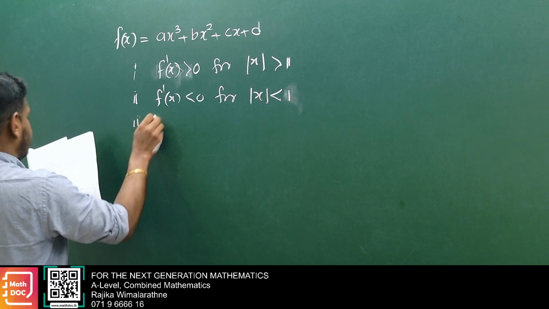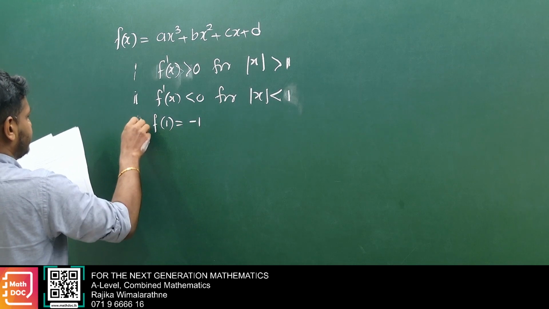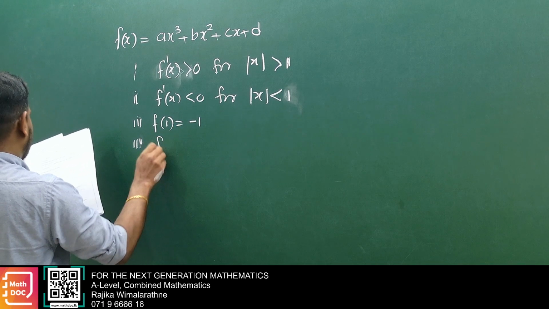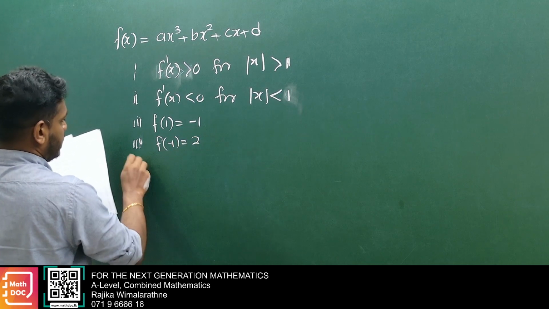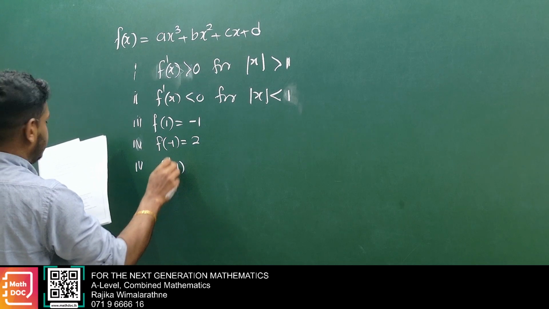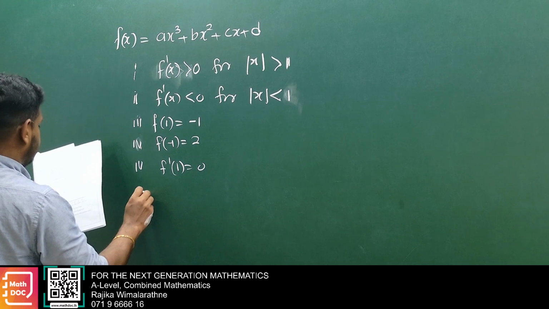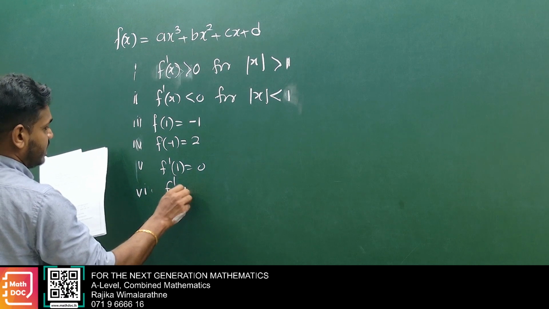Then third one, f(1) equals minus 1. Fourth one, f(minus 1) equals 2. And fifth one, f dash 1 equals 0. And sixth one, f dash minus 1 equals 0.